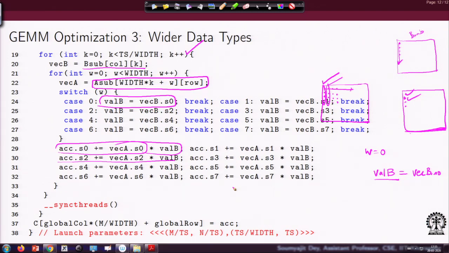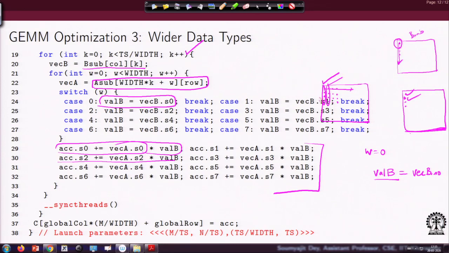So, essentially what am I really doing? By using this switch case, we are picking out the first value, and by all these accumulation statements, we are multiplying this S0 component of the vec b with all the different components of vec a, and that is what I require.